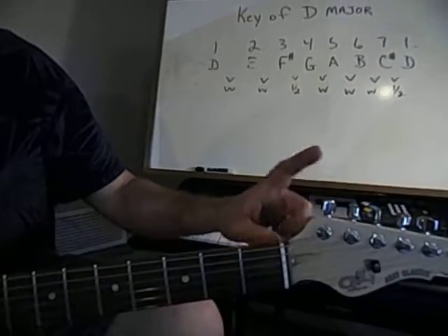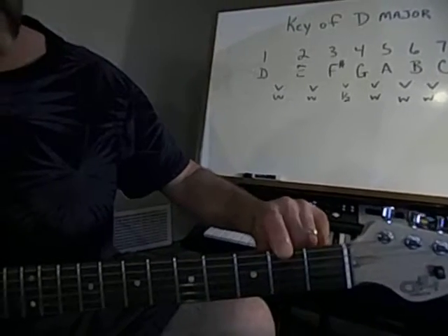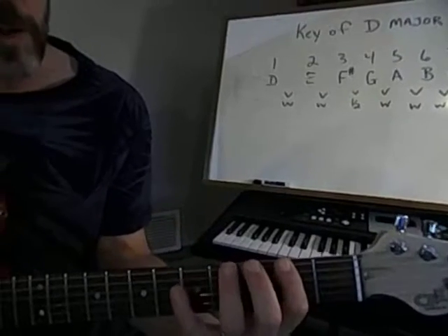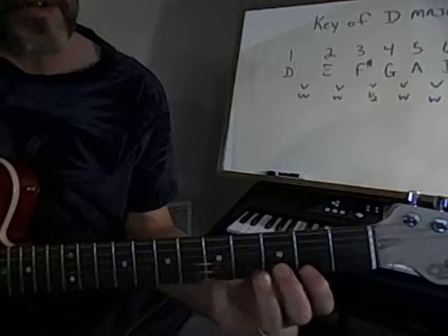E note is the second note of the D scale. So if I go to the F sharp and the G, that's the third and the fourth note. As long as we know we're playing this pattern, that's all the notes.